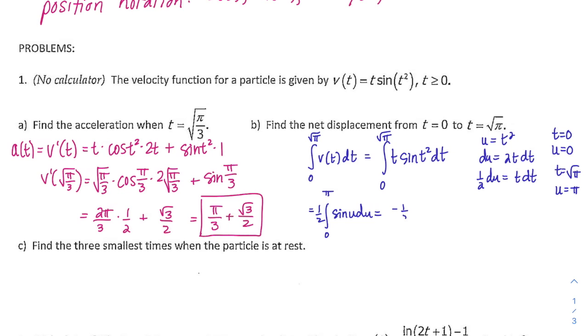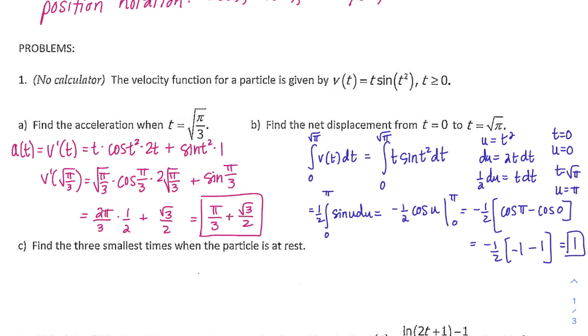That's going to be negative 1/2 cosine u from 0 to pi. It's the same thing as negative 1/2 on the outside, cosine pi minus cosine 0, which gives me negative 1/2. Cosine pi is negative 1, cosine 0 is 1. So it looks like we're looking at positive 1 there.